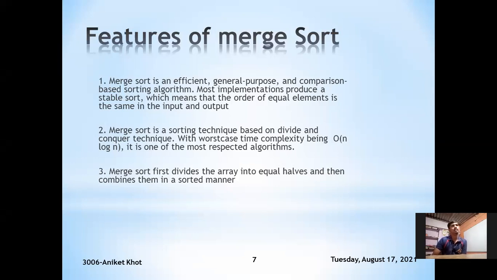Merge sort is based on divide and conquer, which we already know. The worst case complexity is big O of n log n. It is one of the most respected algorithms. Merge sort first divides the array into equal halves and then combines them in a sorted manner.